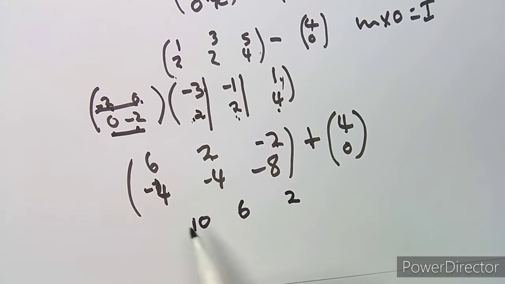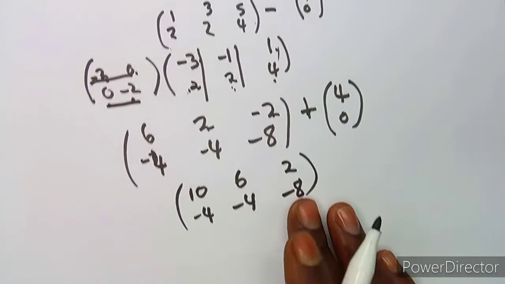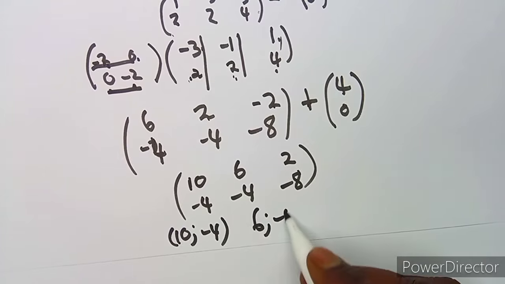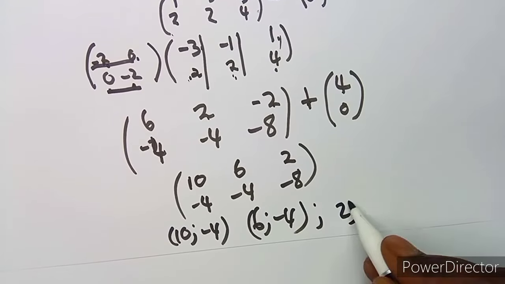The -4 remains the same, -4 plus 0 is the same, and -8 is the same. So these are the points you're going to have. Just write them as coordinates now: (10, -4), (6, -4), (2, -8).